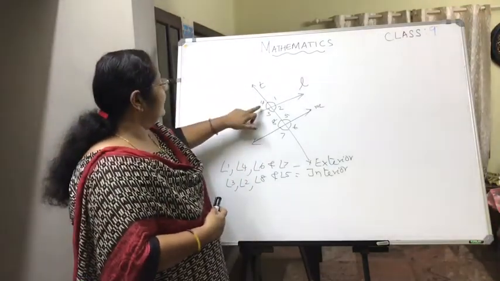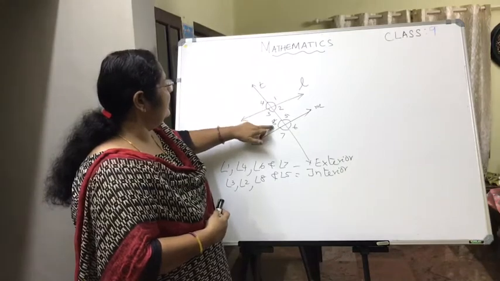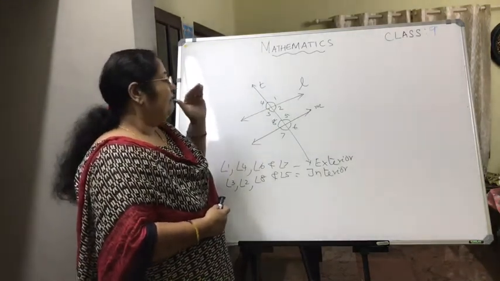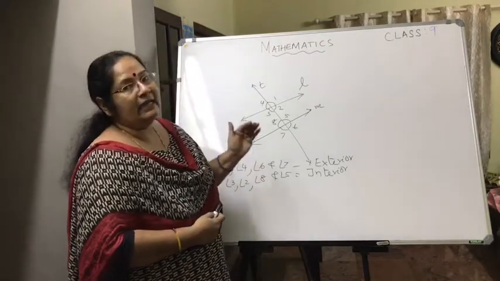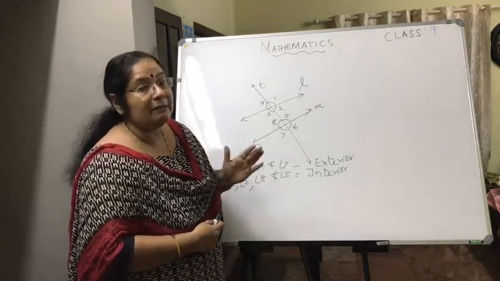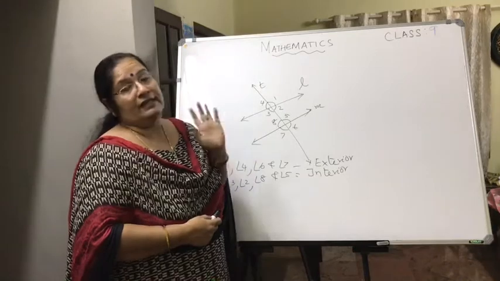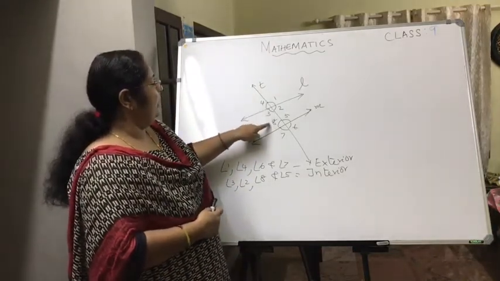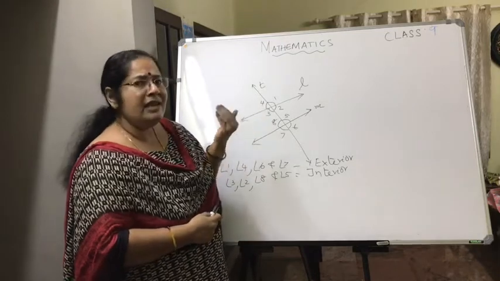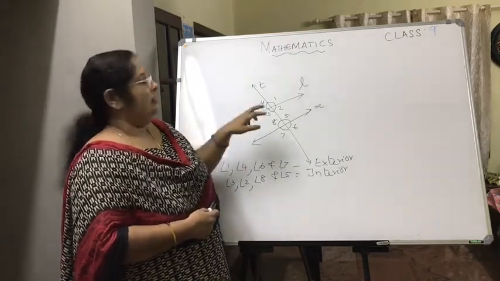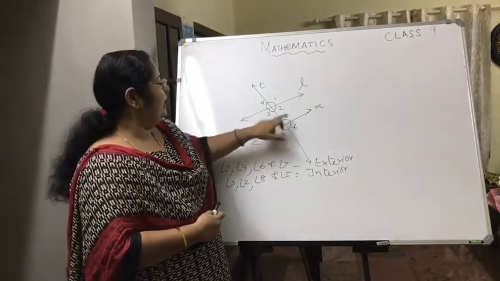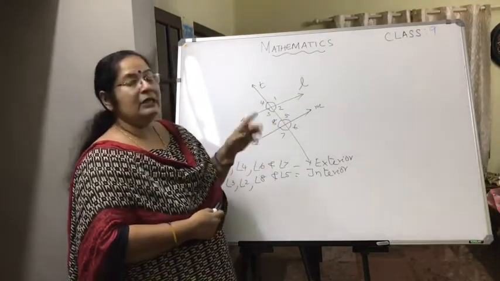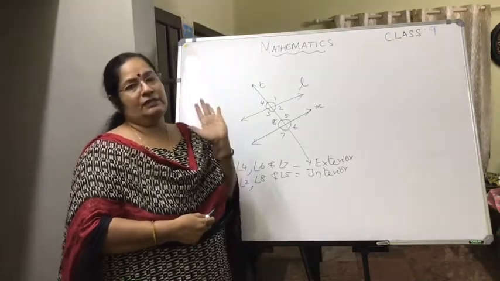Now look at angle 4 and angle 8. Where are these angles placed with respect to the transversal? Angles 4 and 8 are placed on the same side of the transversal. See, 4 here, 8 here. Is 4 here and 8 this side? No. Both are on the same side of the transversal.